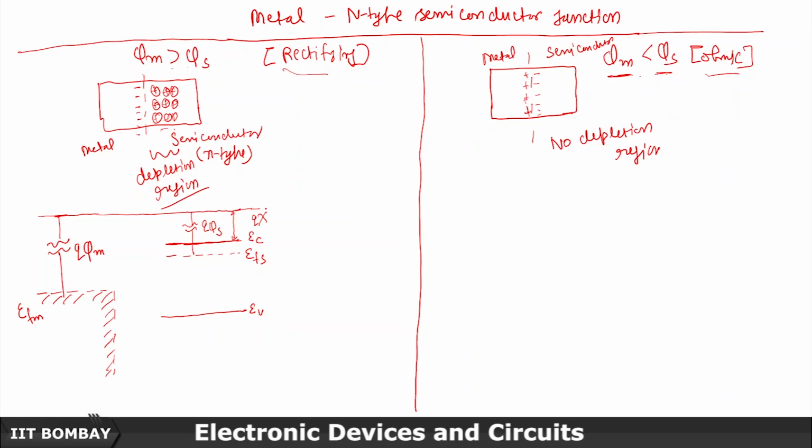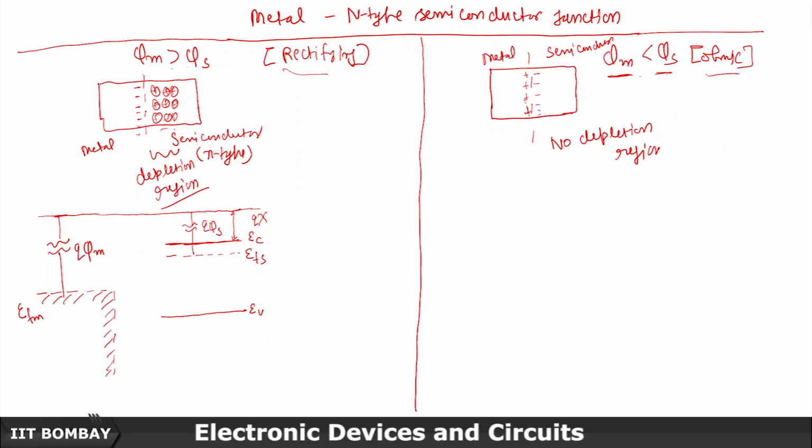So this is the scenario before fusion happens. Now both are being brought in contact together. After the fusion, a metallurgical junction will be there, and thermal equilibrium will be achieved.